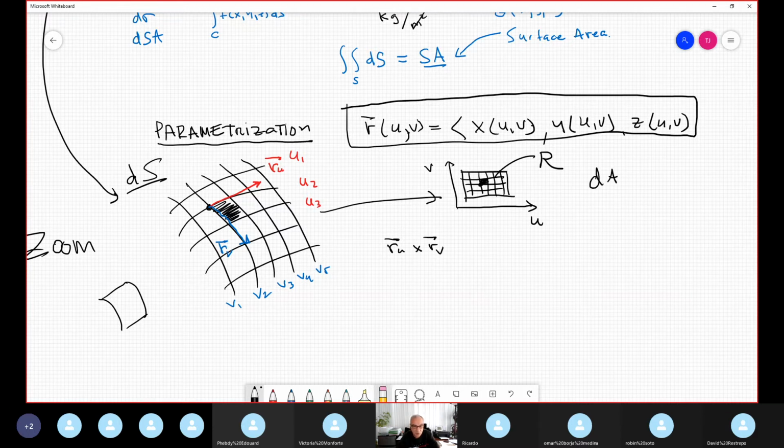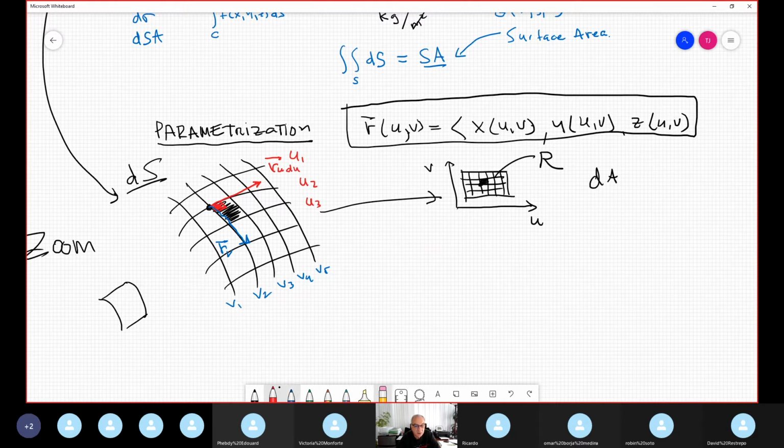This is my goal. So this vector, I need to find the area of the parallelogram. I know from the first lecture the interpretation of the cross product is the area of the hypothetical parallelogram that these vectors span. But not exactly Ru, it's Ru du, because I want to find the elementary small parallelogram.